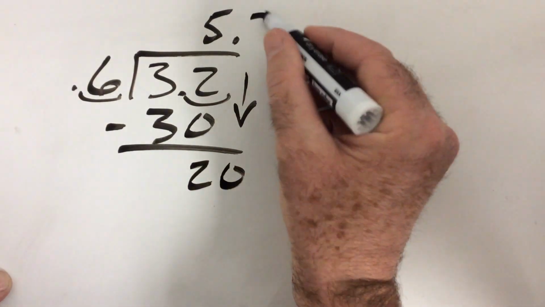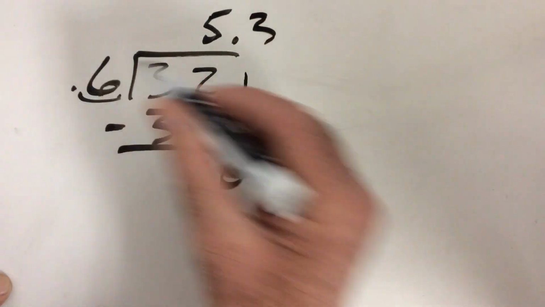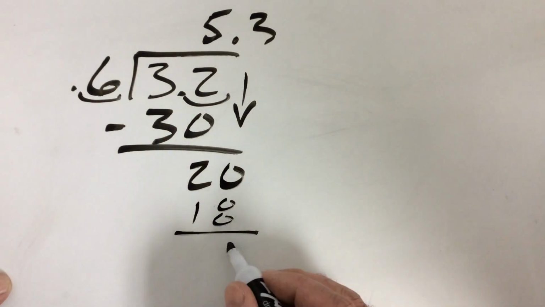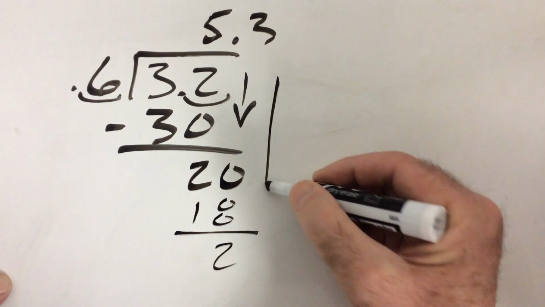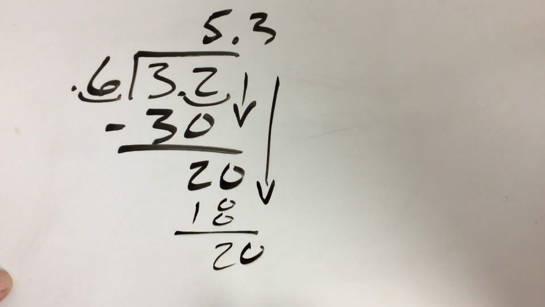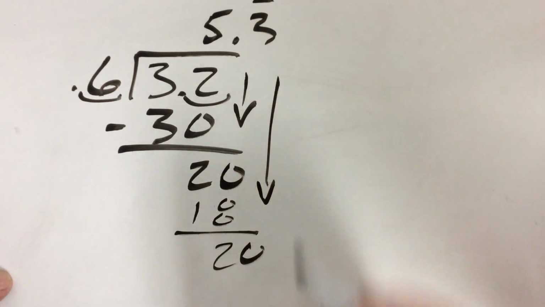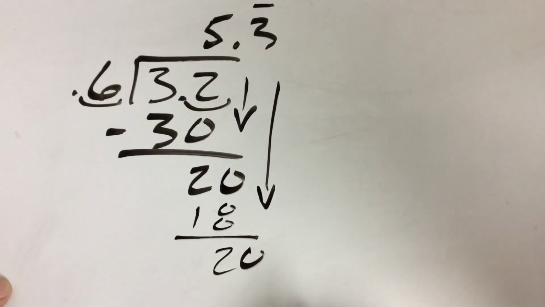Goes in 3 times. 3 times 6 is 18. Subtract, we get 2. Drop another 0. We can see that this is going to be a repeating decimal, meaning the 3's are going to go on forever. So we can just signify that with the repeating decimal sign.